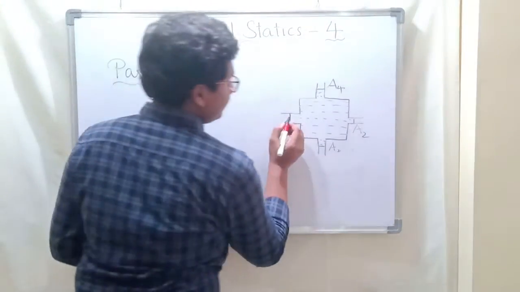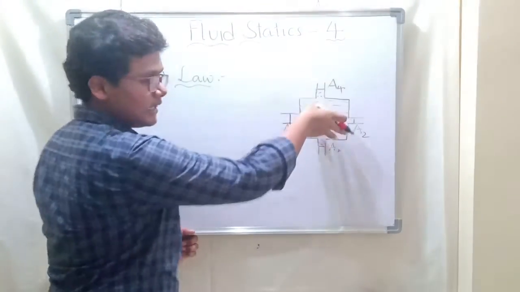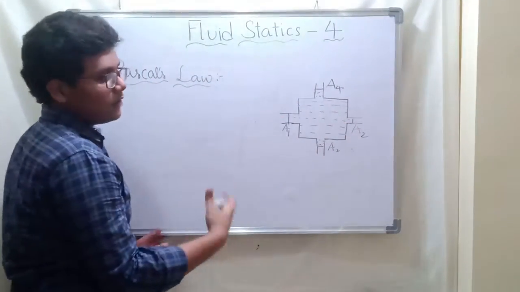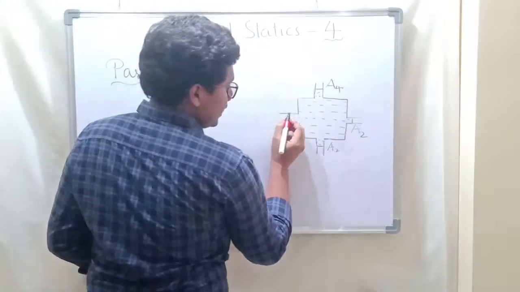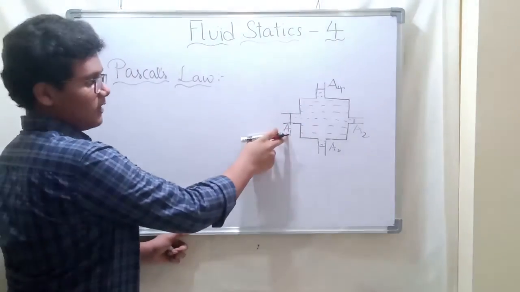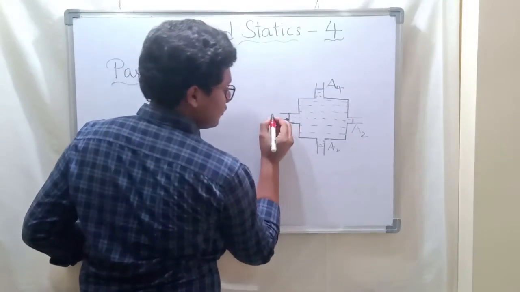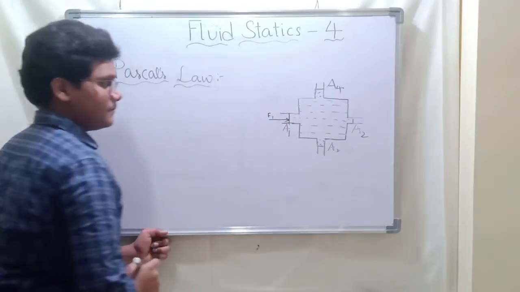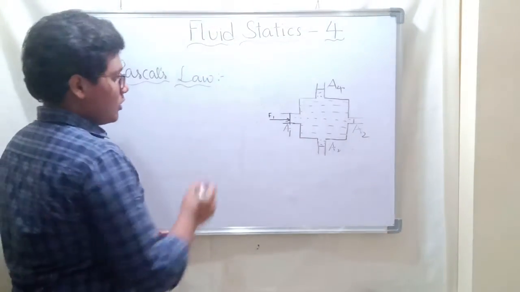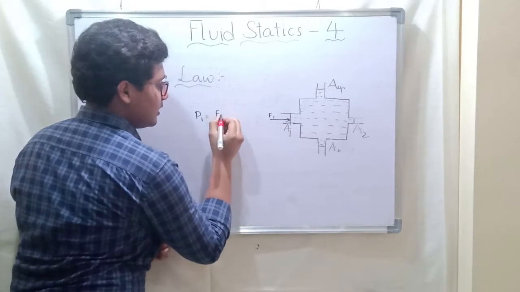So now I will explain. If we take this container, this is a vessel containing a liquid of density rho. This is one end, and the cross-sectional area of this one is A1. So an external force F1 is applied here. So the pressure P1 is equal to F1 by A1.